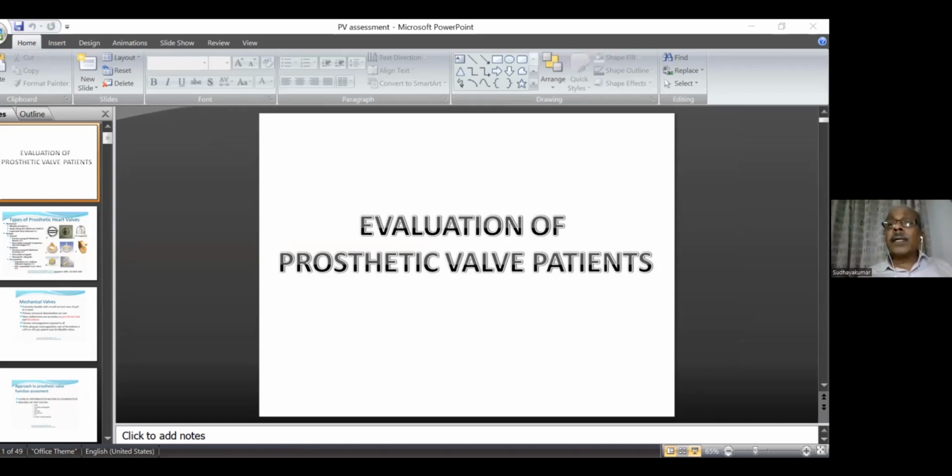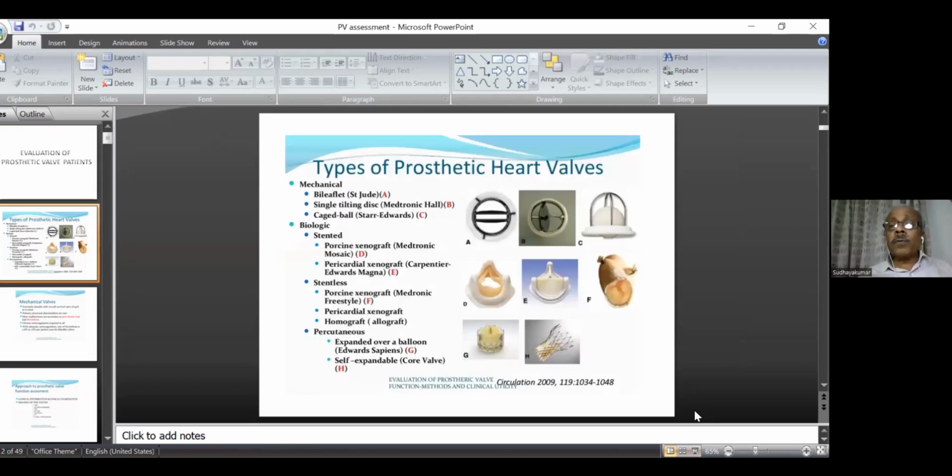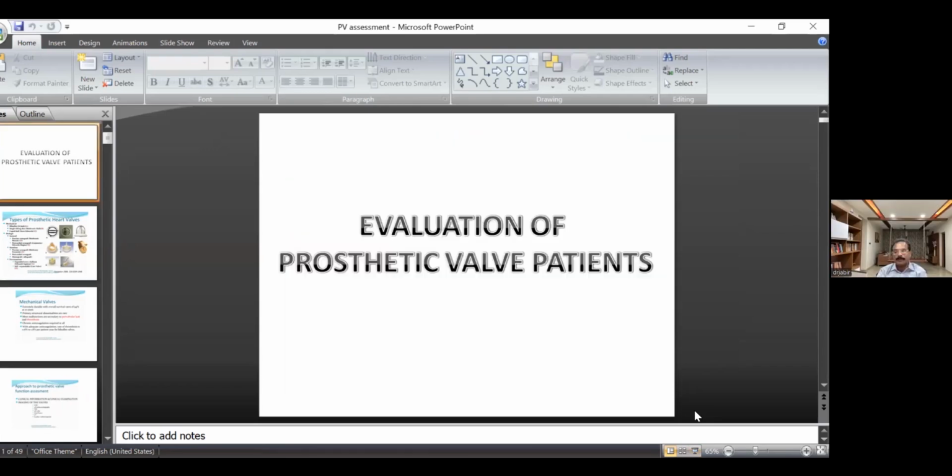Is it moving? Not yet, sir. Sir, could you go to the slide presentation mode? Okay. Moving? It is moving, but you are not in the slide presentation mode. I think this is okay. All of you can see that. We can see. I think we'll go ahead because this has more clarity. Okay. Now, I hope this is okay.